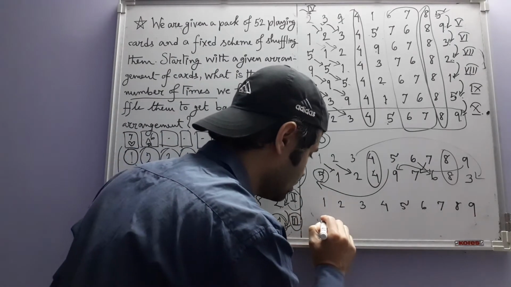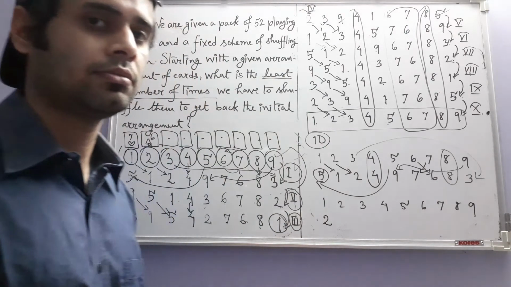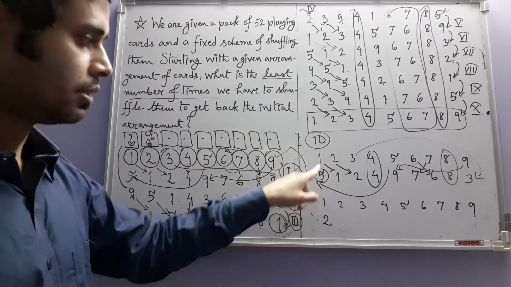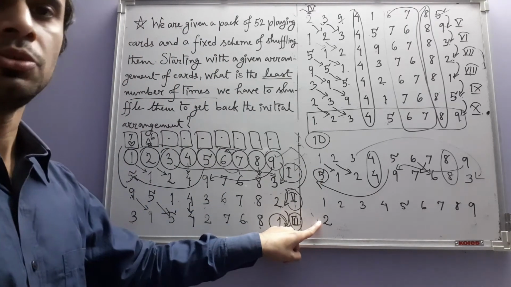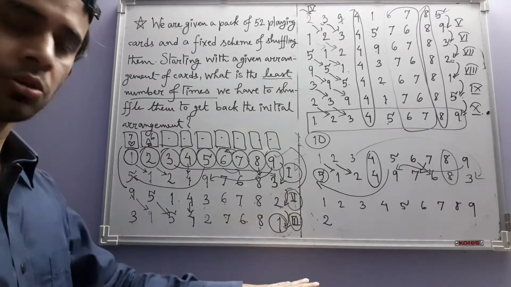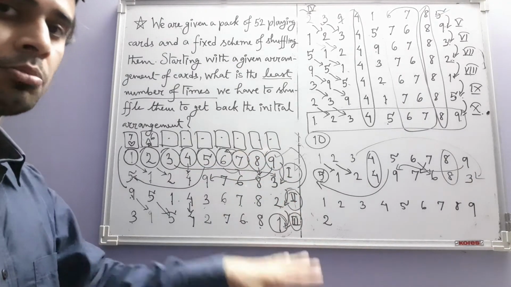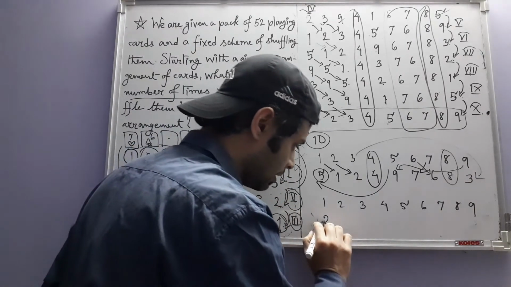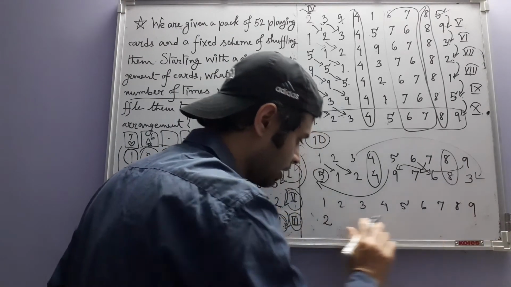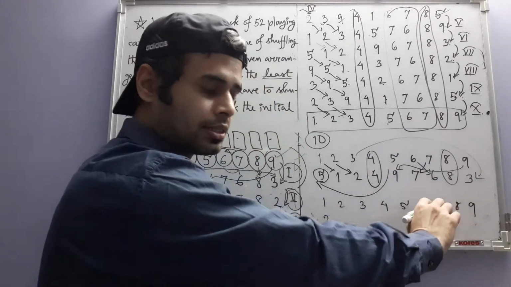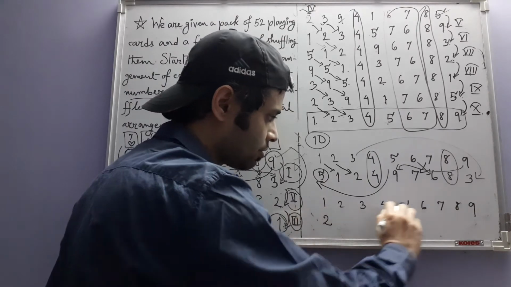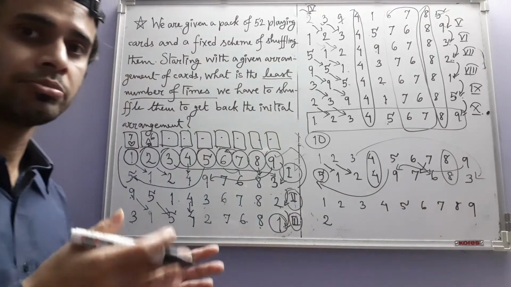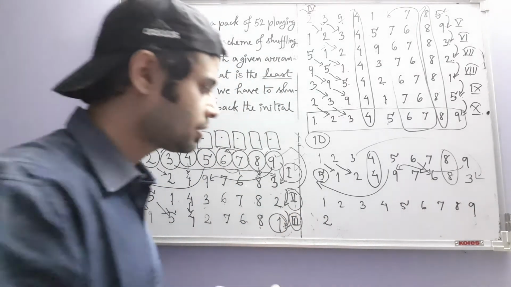So if I write 2 below 1, then I will know that 1 goes to the second place. The numbers that I will write here, they denote places, whereas the numbers on top of them, they denote the objects or the cards that we are shuffling.